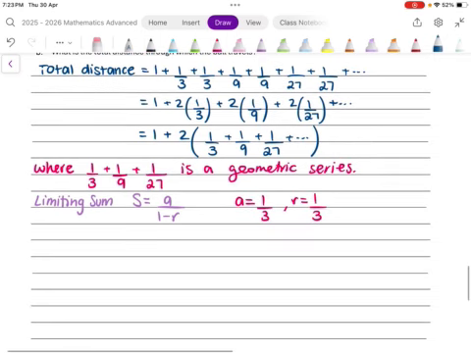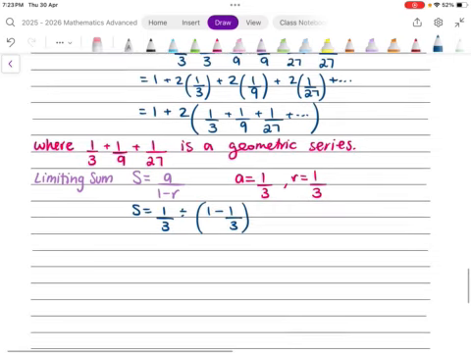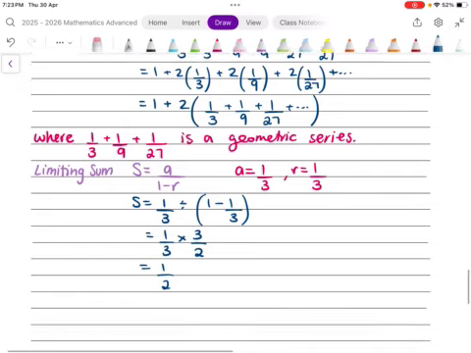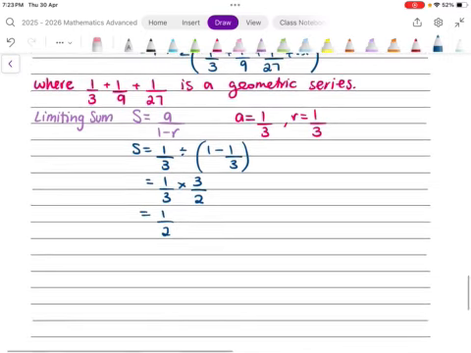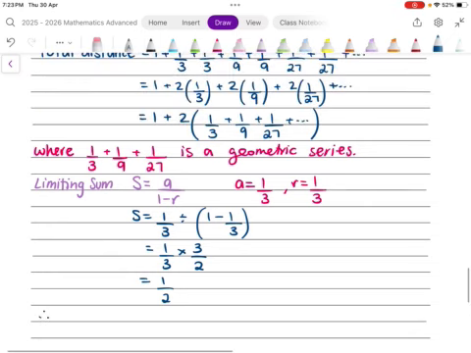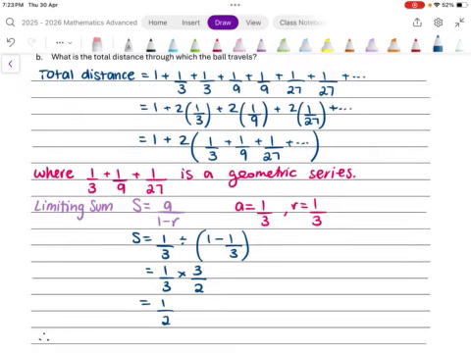Okay, what we'll have is S equals 1/3 divided by 1 minus 1/3. Okay, we'll get 1/3 times by 3/2. So we get 1/2. We could have just put it into our calculator as well. That's completely fine. Okay, this means that therefore we are going to replace our sum here.